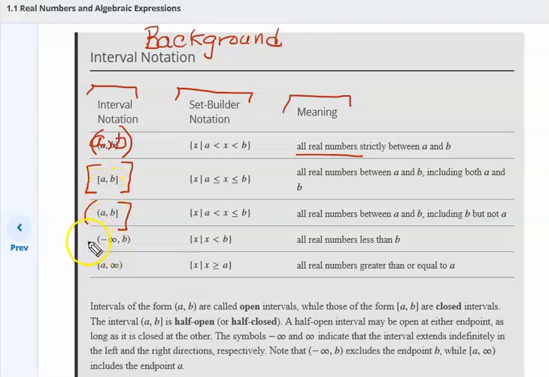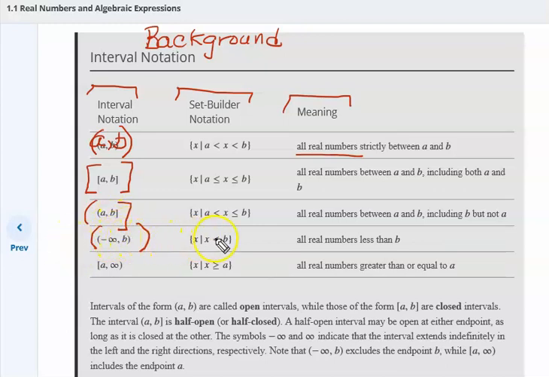Now, another one that we need to look at is where we have a set of parentheses, and you have the negative infinity symbol. Now, infinity, whether it's negative or positive, is always with a parenthesis because we don't know where that value is, and it just never ends. Remember, infinity is a concept. Things go on to that point and just continue going on.